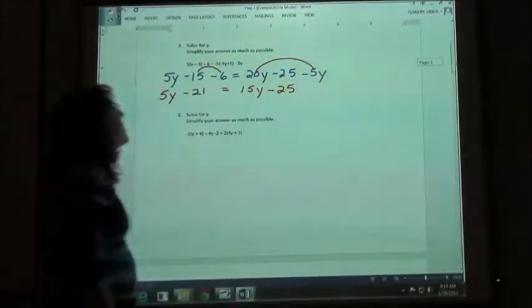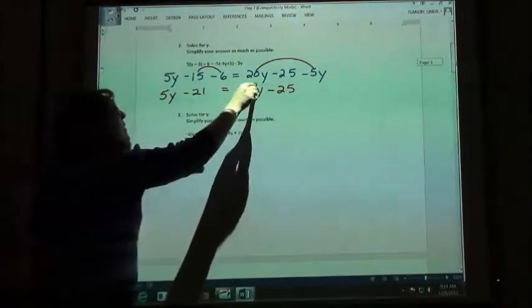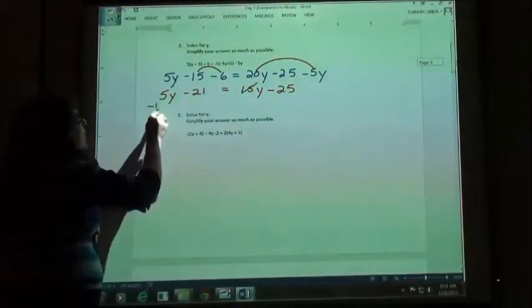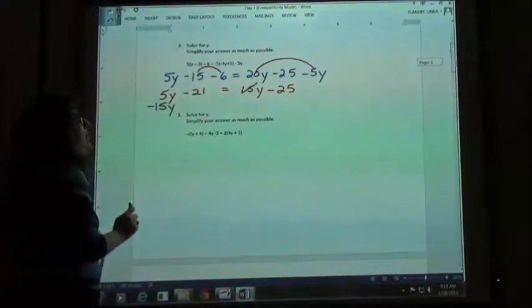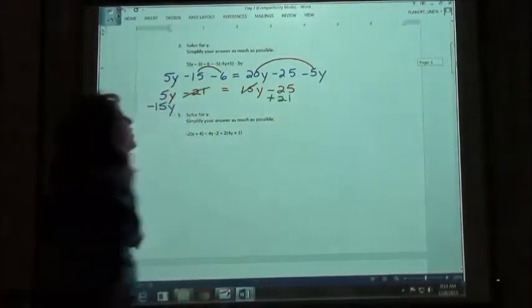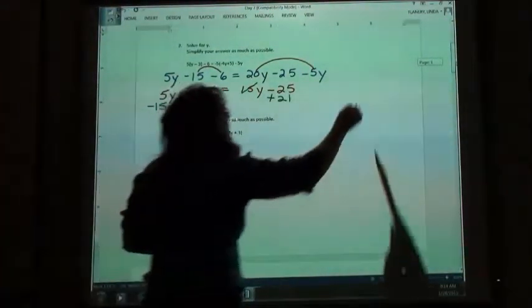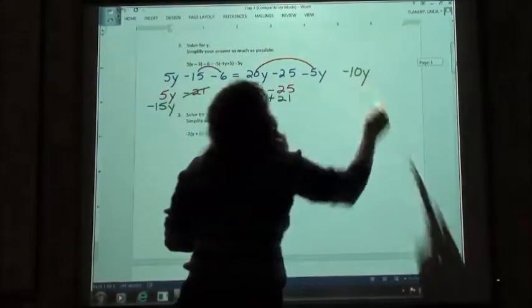My next step, I'm going to put my variables to the left, my numbers to the right by doing the opposite. So since that's a positive 15y, I'm going to subtract 15y. Since this is negative 21, I'm going to add 21. 5 minus 15 would give me negative 10y.